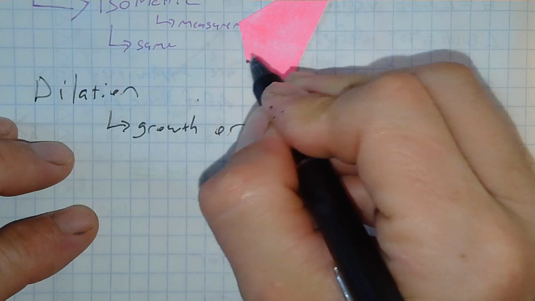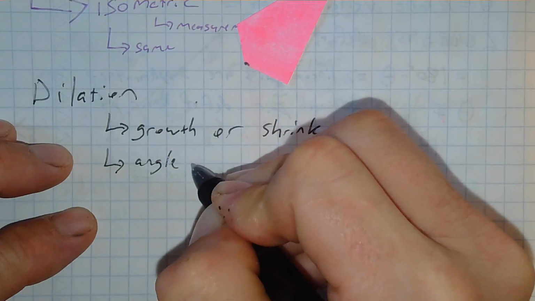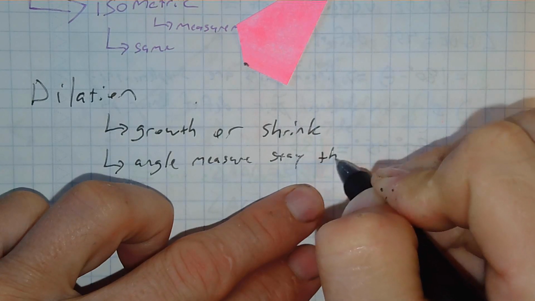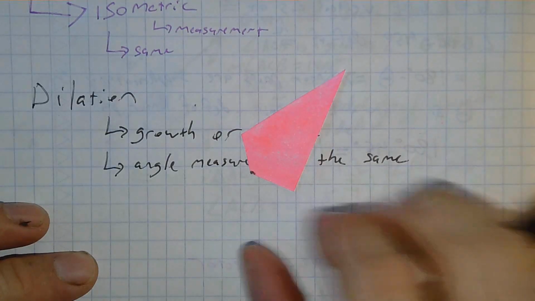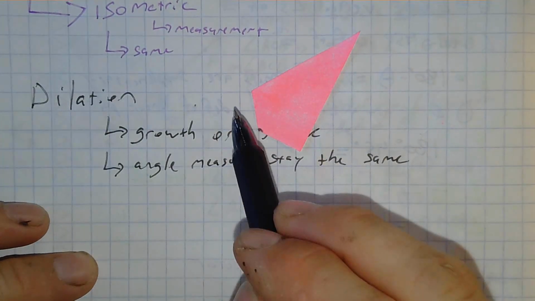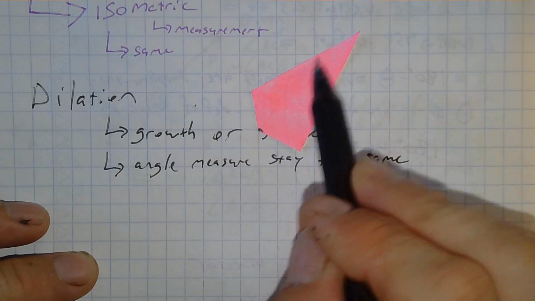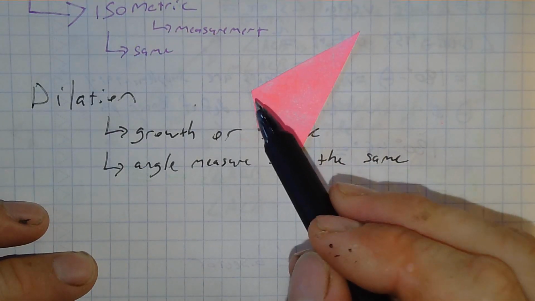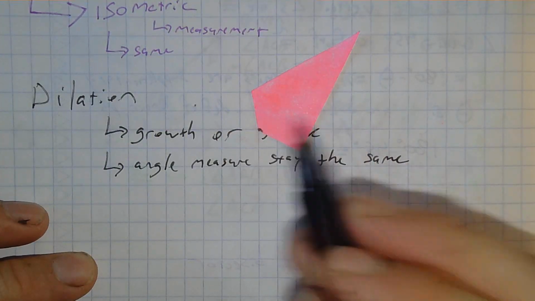The angle measures, all of these angle measures here, like this one, this one, this one, and that one, stay the same. The lengths of the sides grow. The only way that these angle measures can stay the same while the lengths of the sides grow is by all growing in the same proportion. Maybe they all double. Maybe they all are reduced by half. But all of them have to change by the same amount.